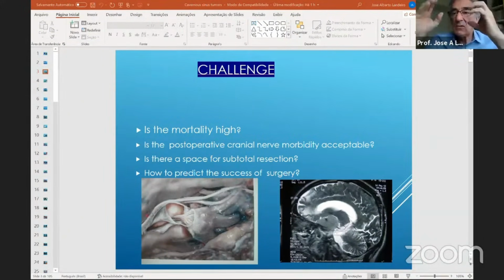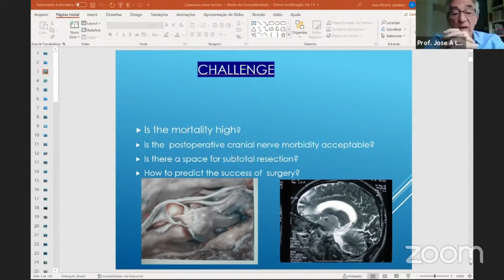We need to take the shortest route and use the pre-existing potential avenues, like the tumor itself. Use osteotomy to avoid brain retraction, and you can do a zygomaticotomy or a FOZ craniotomy.